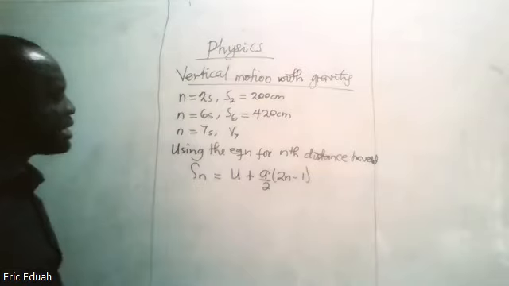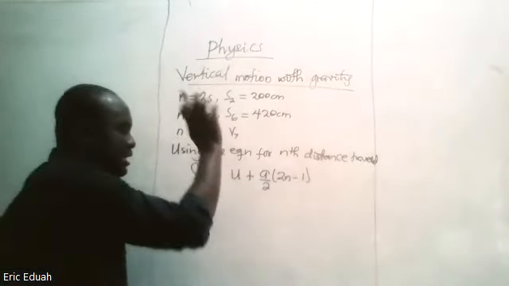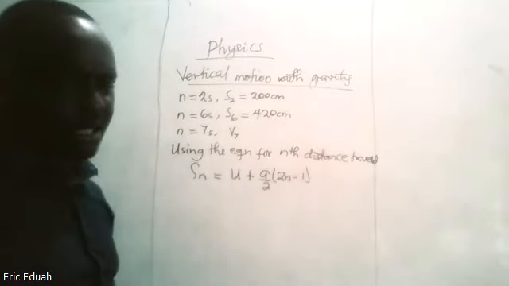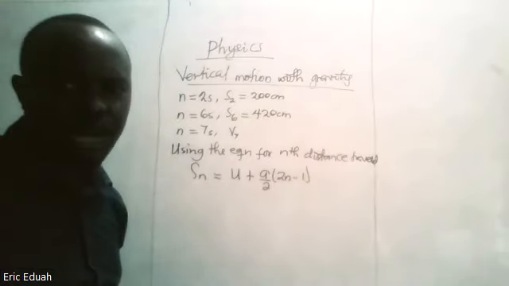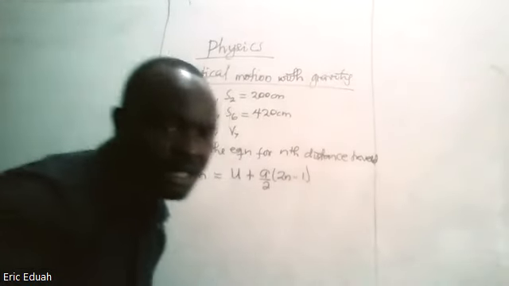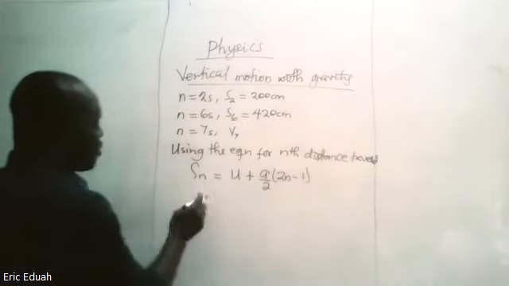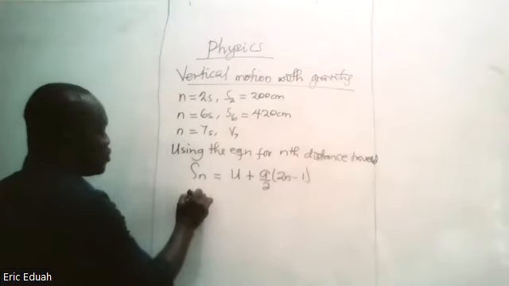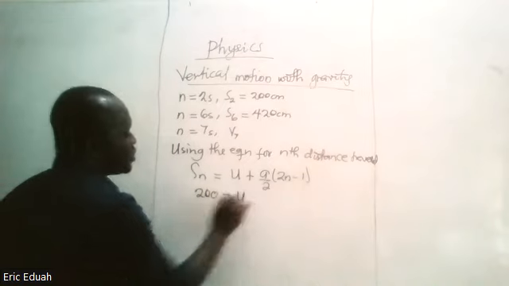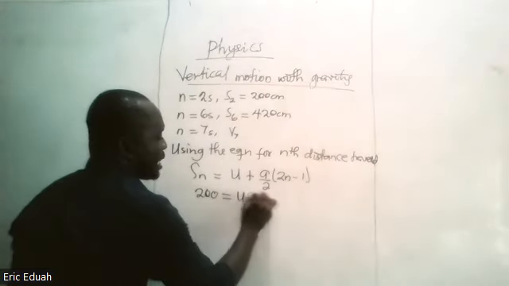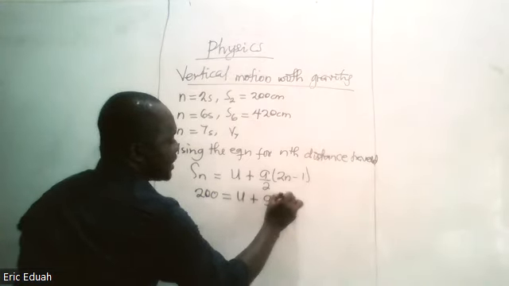We can use this to find the initial velocity and then the acceleration. Don't forget, this dwells on uniform accelerated motion. So for n is equal to 2, we have 200 is equal to U, we don't know the initial velocity, plus A, acceleration we don't know, on 2 times 3.